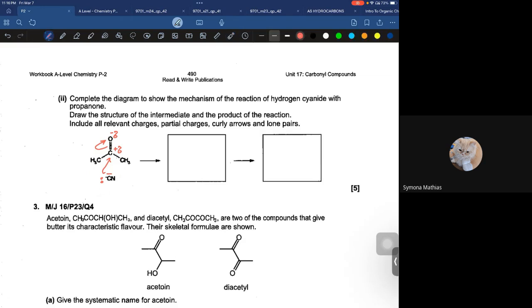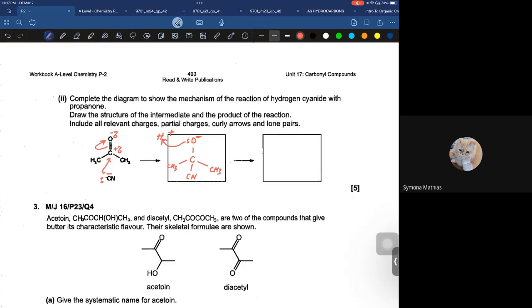Then what am I supposed to do? I would be writing just like that. Now this oxygen is having a full negative charge with a lone pair of electrons. Then this is your CH3. This is CH3. Cyanide is attached. Now this is your H positive ion, which I'm supposed to write over here.